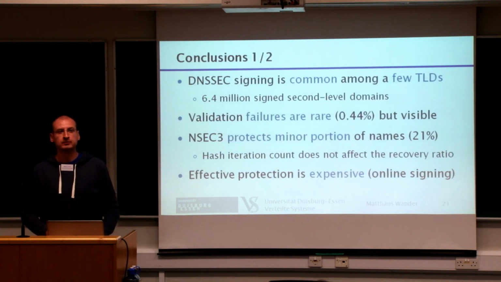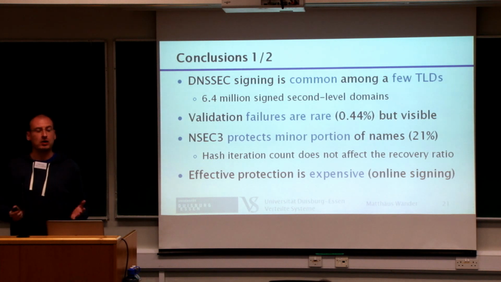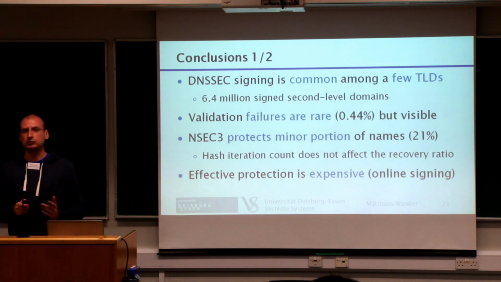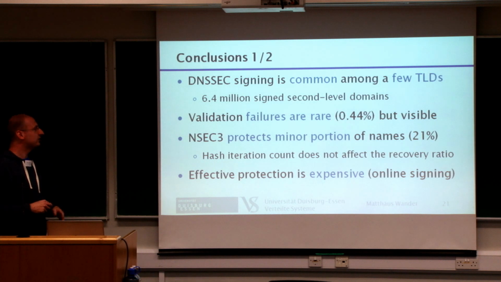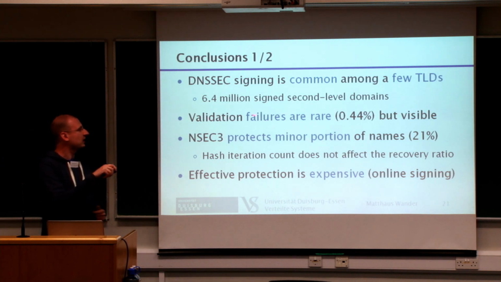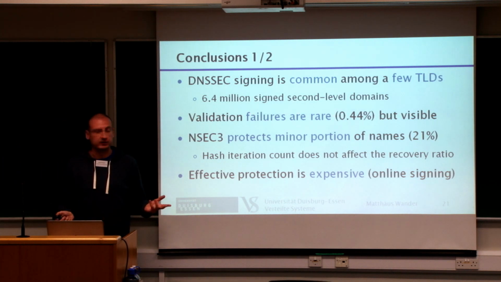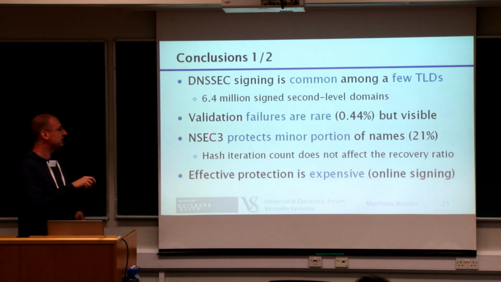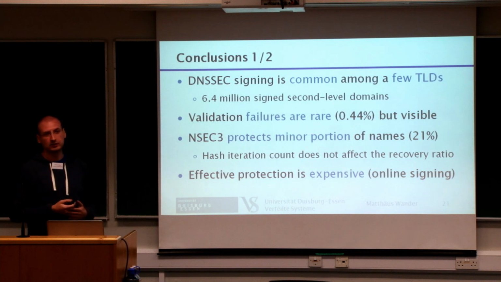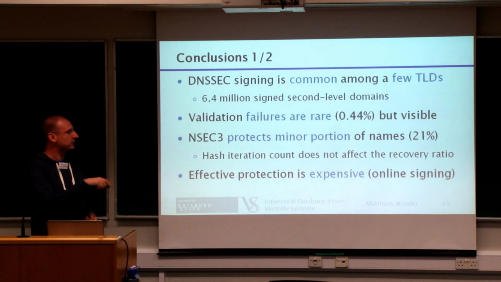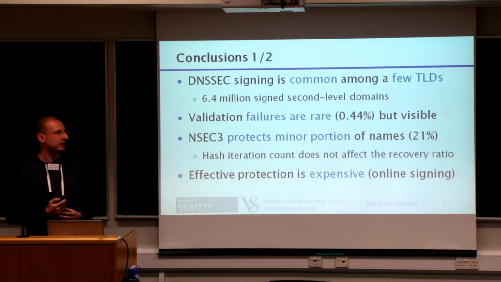Okay, so to sum up, we've seen that DNSSEC signing is common, but only below a few top-level domains. We've seen that validation errors are rare, but still they are visible, they do occur. We've seen that NSEC3 protects from the disclosure of names, but only a minor portion of names are not disclosed. And the hash iteration count is not effective to protect from this.